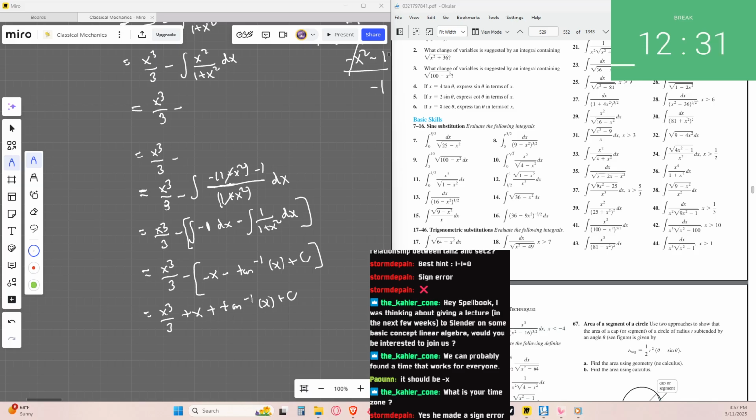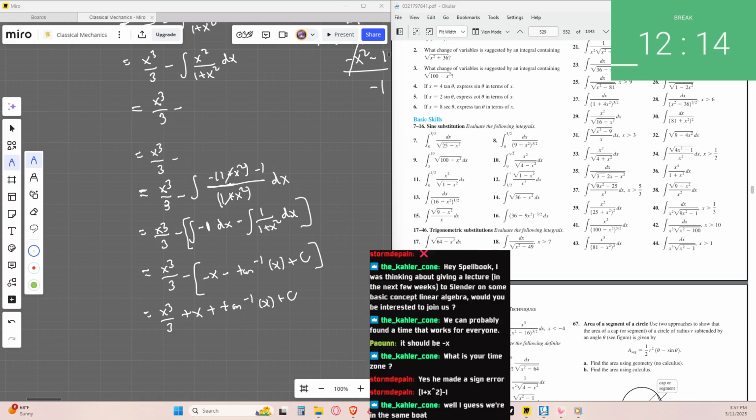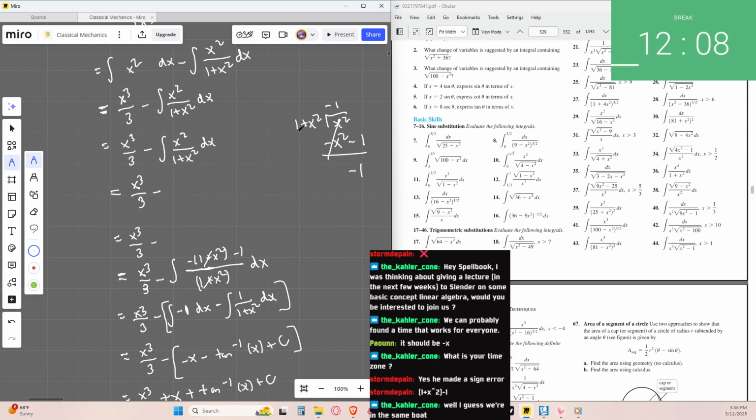Where did I make the sign error? Is it within the integral? Let me see if I didn't do the division right. Let's see.